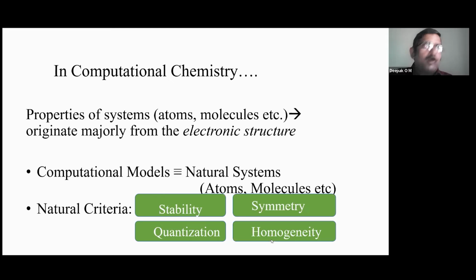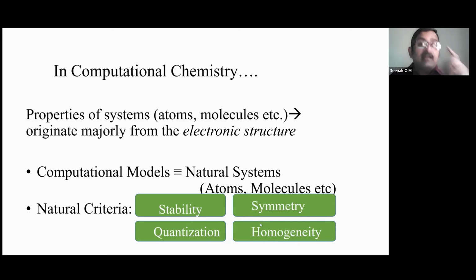If you make a computational model of a water molecule, it should exactly mimic a water molecule in nature. All the properties that exist for a real water molecule, we should be able to extract mathematically from the model that you develop in a computer.